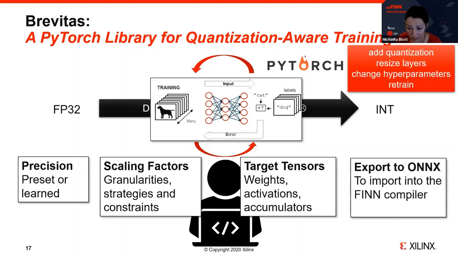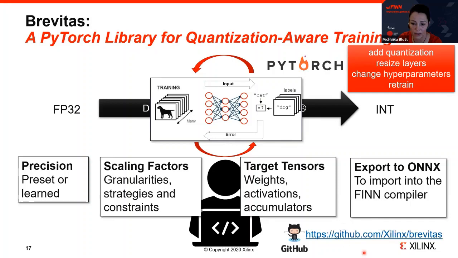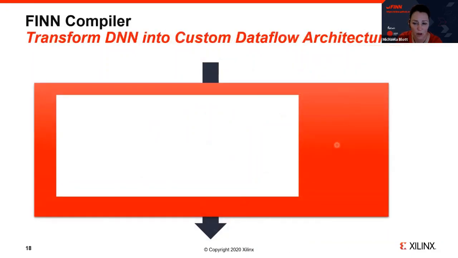And last but not least, when you've trained your DNN, you can export the DNN to the FINN compiler via ONNX. ONNX is an open source interchange format which uses a protobuf description to represent DNNs. Brevitas is open source on GitHub, available on the link you see below and that I'm circling here with the pointer. The next component is the FINN compiler.